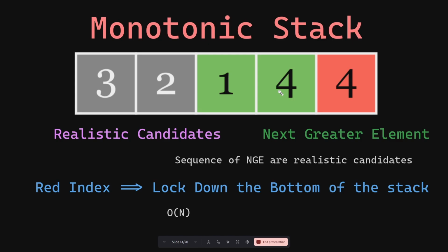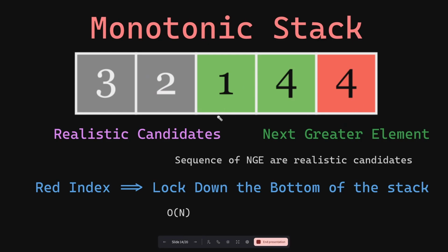So now you kind of see what is happening, right? For every element, the next realistic candidate is the next greater element to its right. So even before arriving at the red box, we can keep on trimming the candidates and we will only have the realistic candidates in a stack.